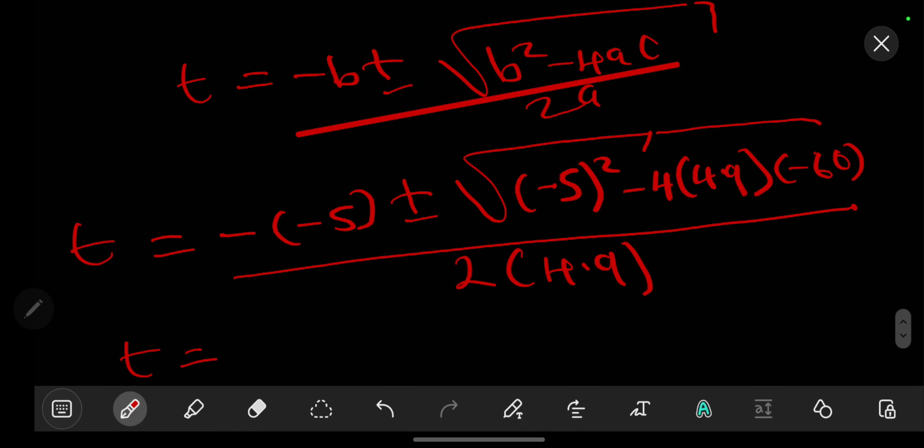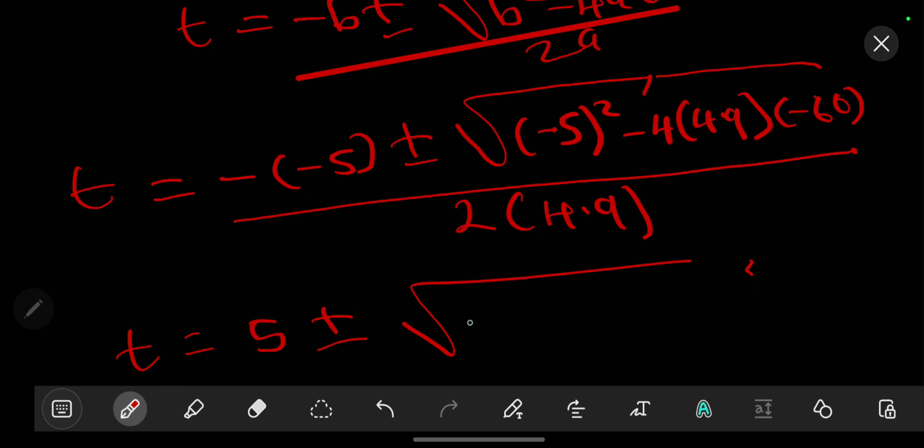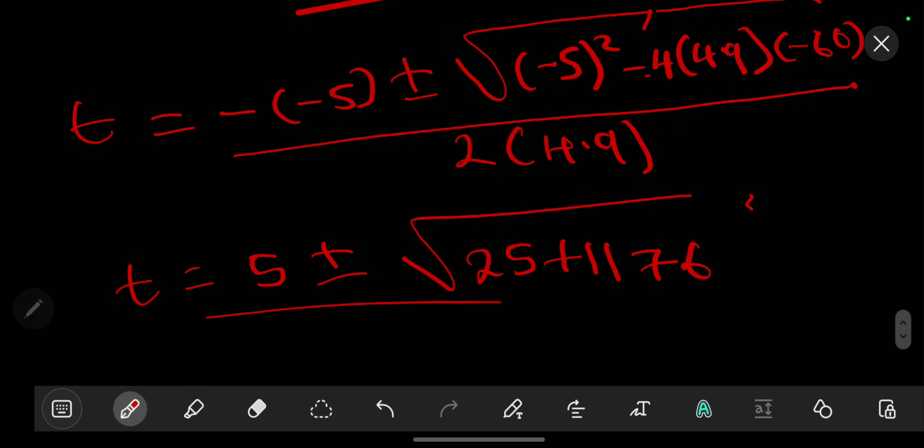So our t value should be equal to, negative by negative will be a positive. So t is equal to positive 5 plus or minus the root of negative 5 squared, which is 25, minus 4 by 4.9 by 60. It will be a positive value, which is 1176 over 9.8 like that.